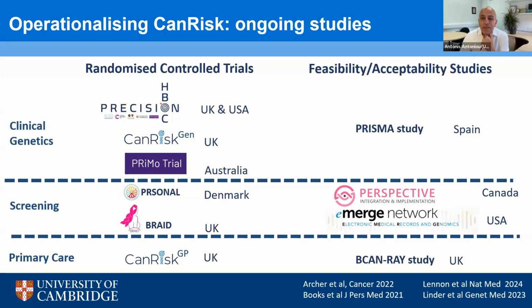The Gail model is quite old now, and many studies have shown that both CanRisk and Tyrer-Cuzick perform much better in terms of discriminative ability. So personally, I would say you should be using more up-to-date models. No, I agree.